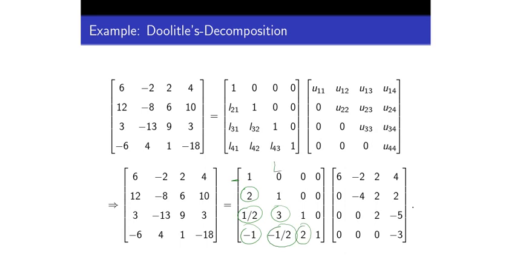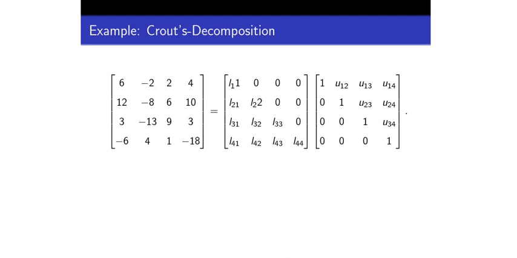So this is L and this is U. Right? Okay. So similarly, you can proceed for finding the Crout decomposition. So this can be left as an exercise for you. Okay. So here is a typo, that is L11. This is L22. Okay, and the rest of the entries are the same.